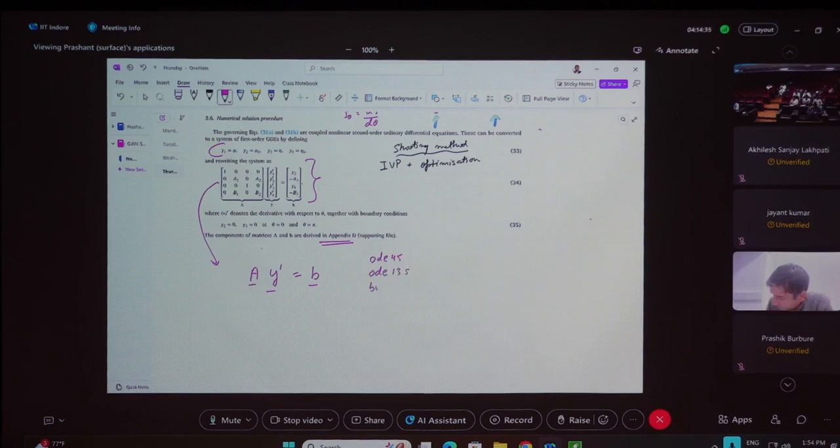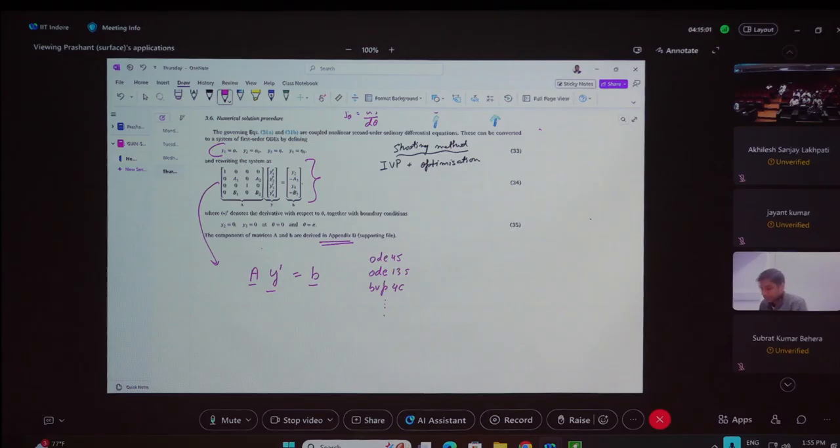You also have BVP4C, and you've got a whole host of different ODE solvers that you can go ahead and use. But you will not be able to use them directly because of the following reason: the way ODE solvers work is by working on initial value problems, and we've got a boundary value problem here.